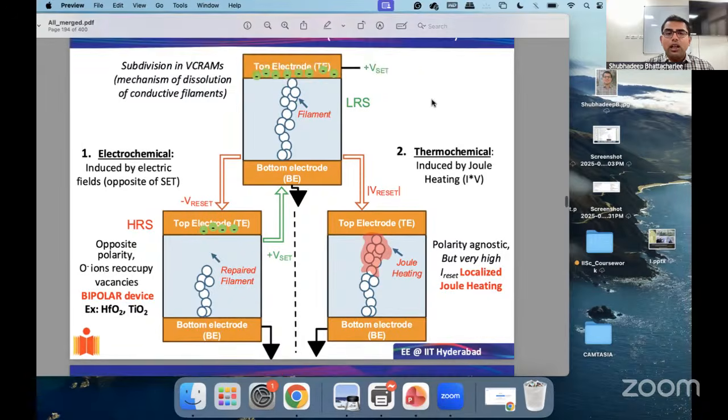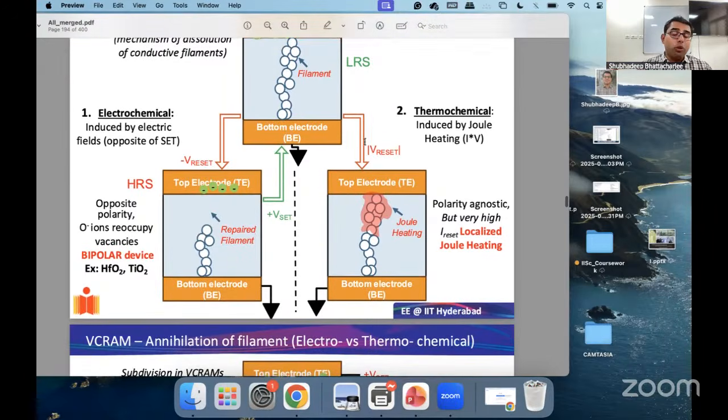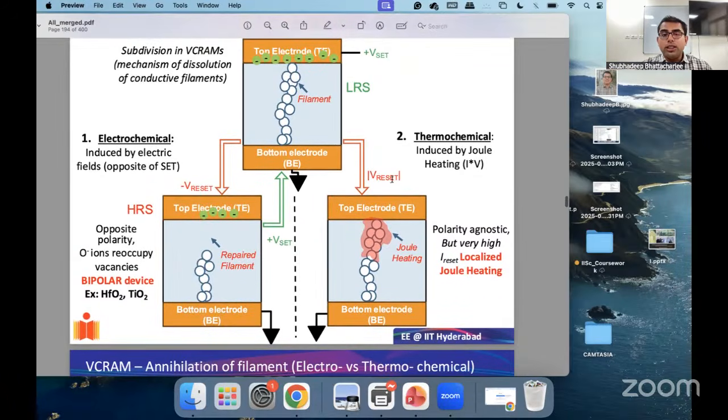That simply means that even in the absence of a negative reset voltage, even if you apply a positive reset voltage, or in fact any reset voltage, the filament is in a low resistive state and will conduct a lot of electricity. If you start increasing the reset voltage and you remove the compliance, a lot of current will flow through this conductive filament.